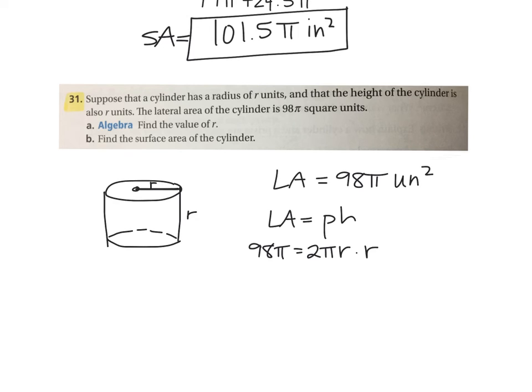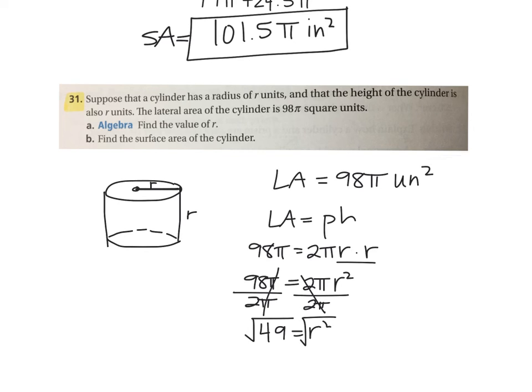And if we simplify that, r times r is r squared. So 2 pi r squared equals 98 pi. Then if we divide by 2 pi here, your pi is reduced to 1, and then 98 divided by 2 is 49, is your radius squared. So if I square root that, my radius is 7.